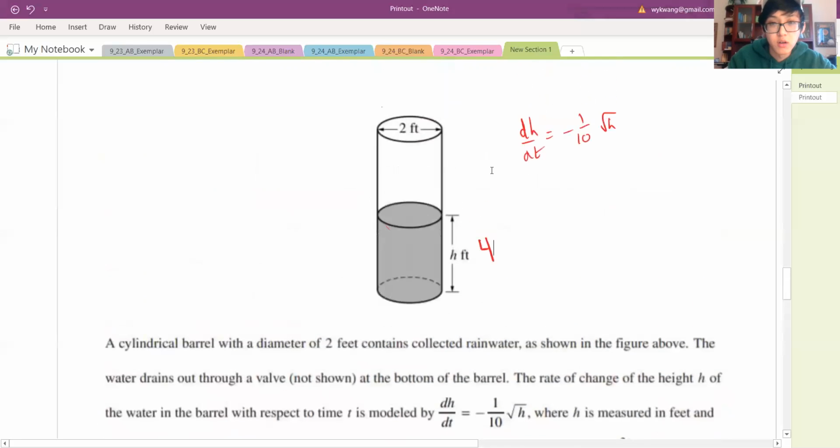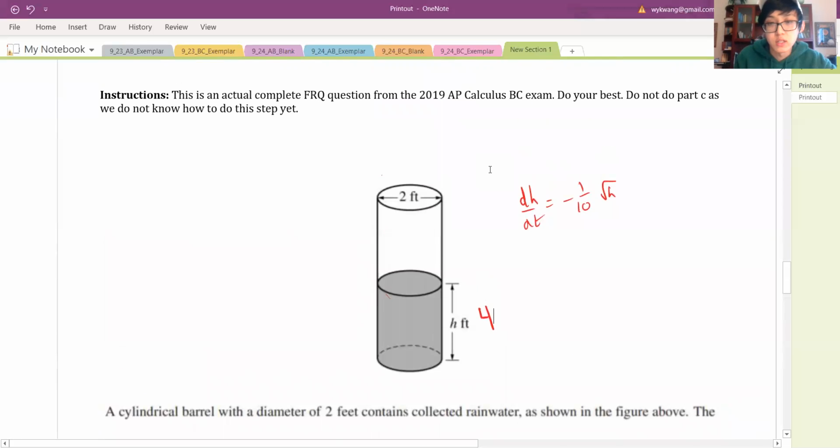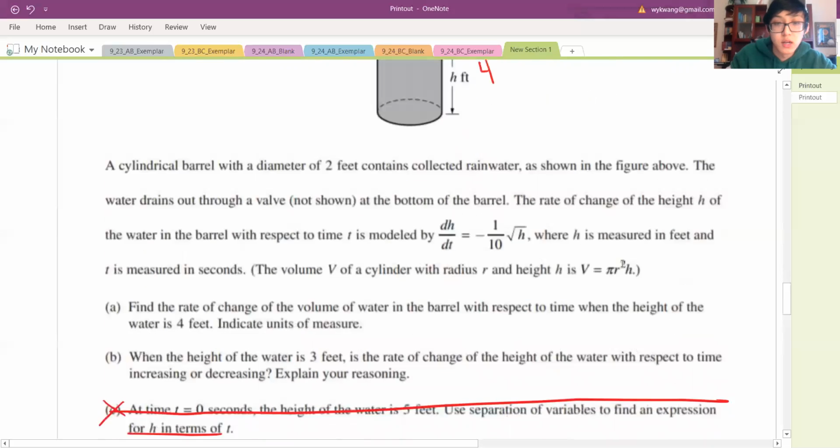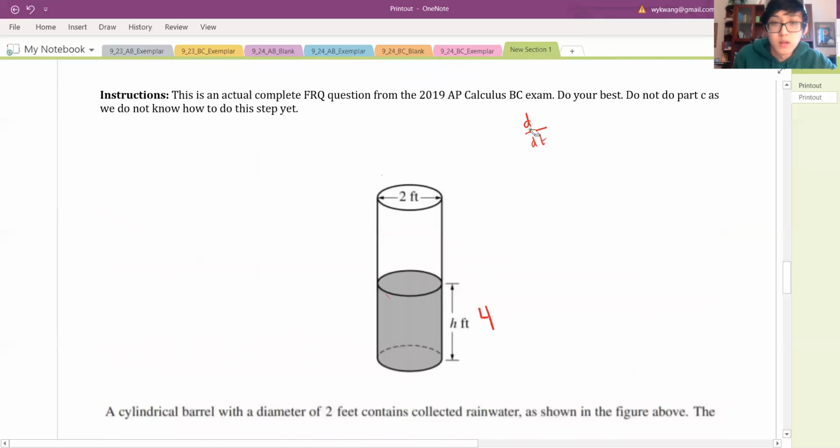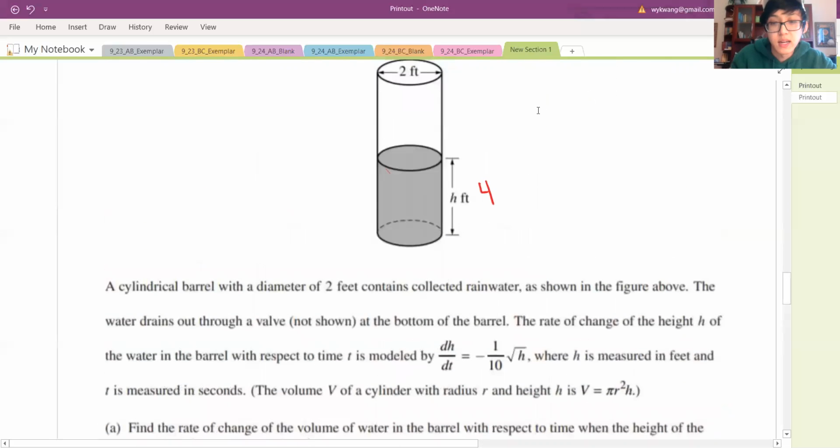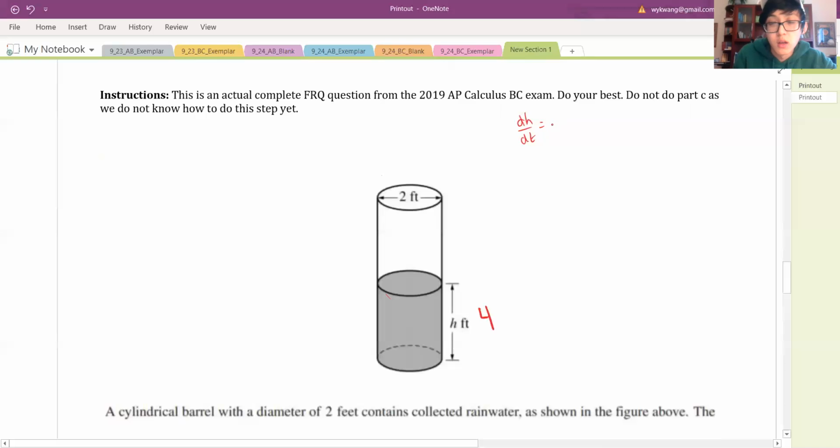Okay, when the height of the water is 4 feet, now we kind of know what dH over dt is. I haven't actually done this problem, so this is me winging it almost. dH over dt is equal to -1/10 square root of h.